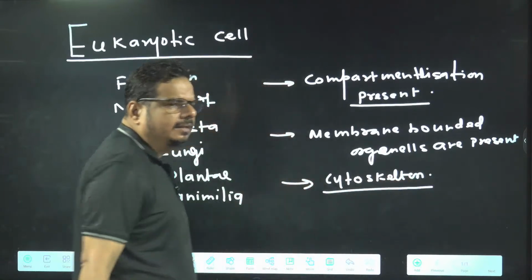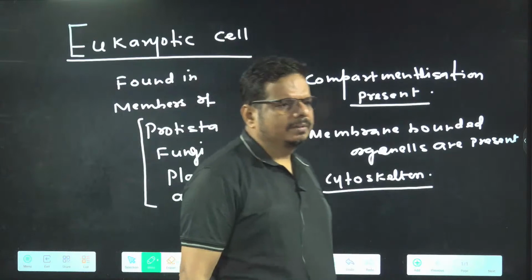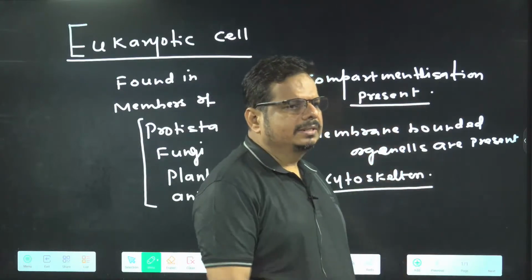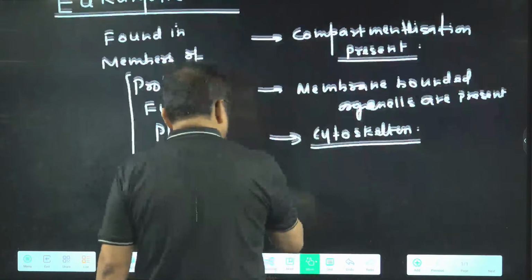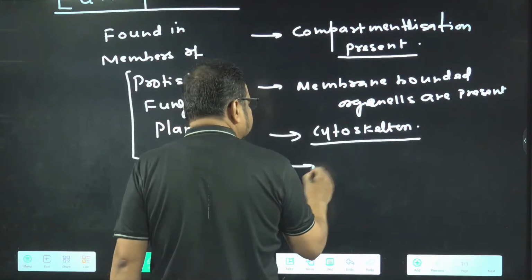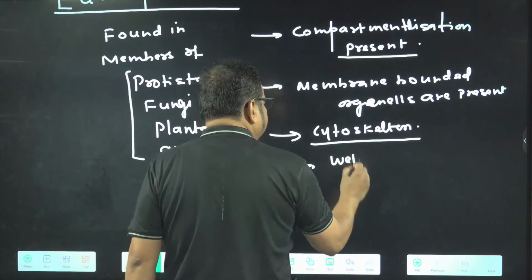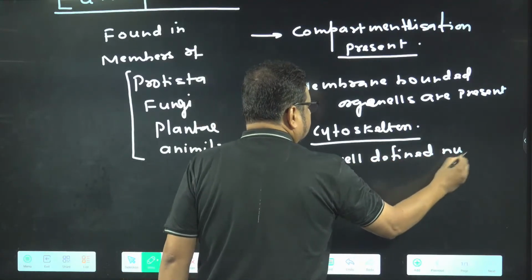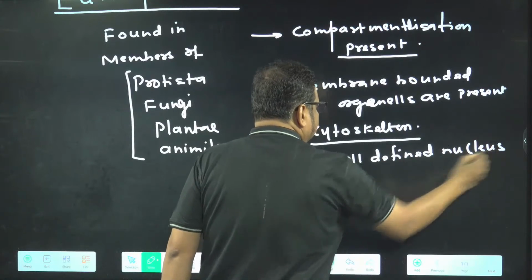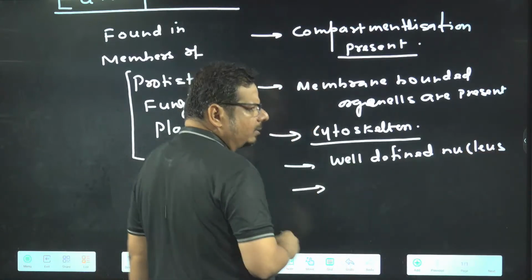Cytoskeleton is present: microtubule, microfilament, intermediate filament, all these things are present. Is it clear? A well organized, well defined nucleus is there. This is present. After that, what you will find?